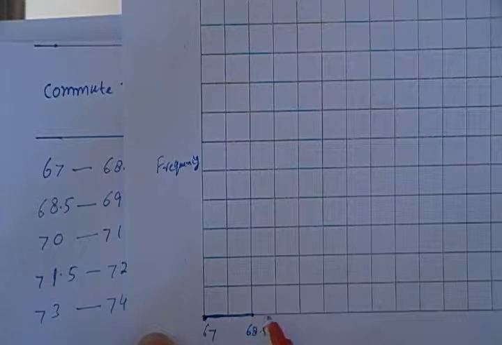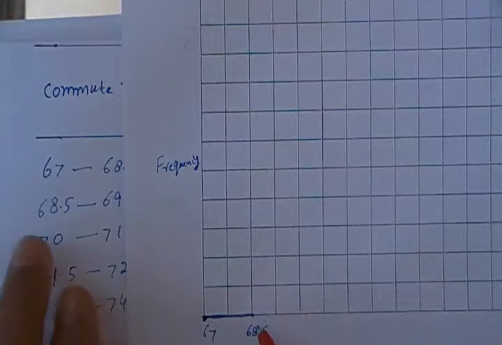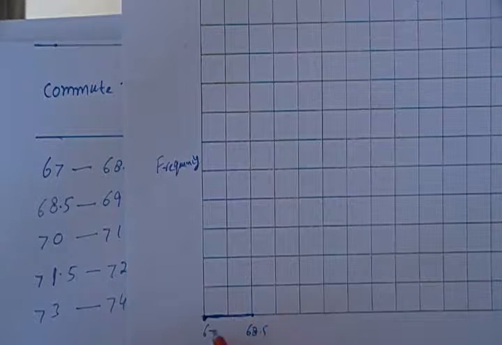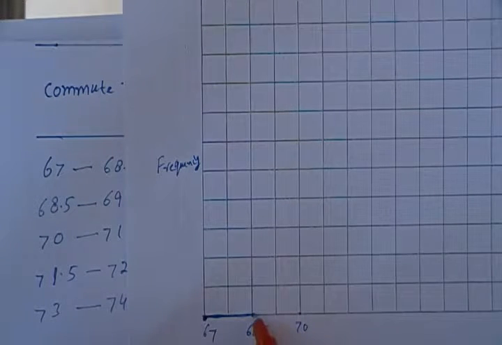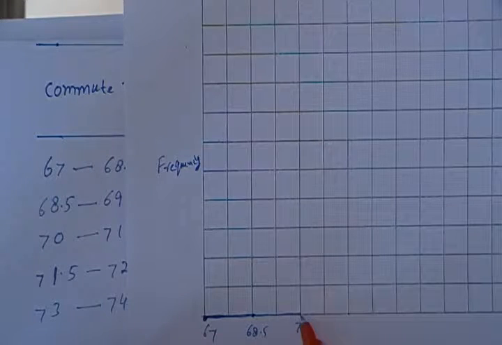Then the next class is 68.5 to 70. We keep the same width, so we have 2 units here. This would be your 70. This is our next class, and then the lower limit of the next class, 71.5, would be here, with the same width.